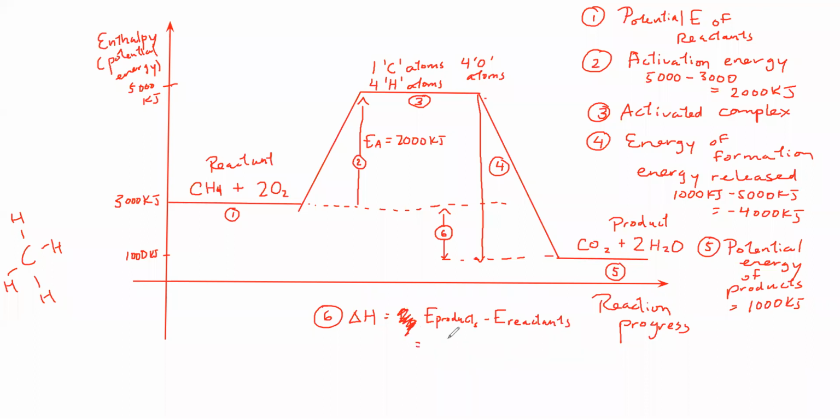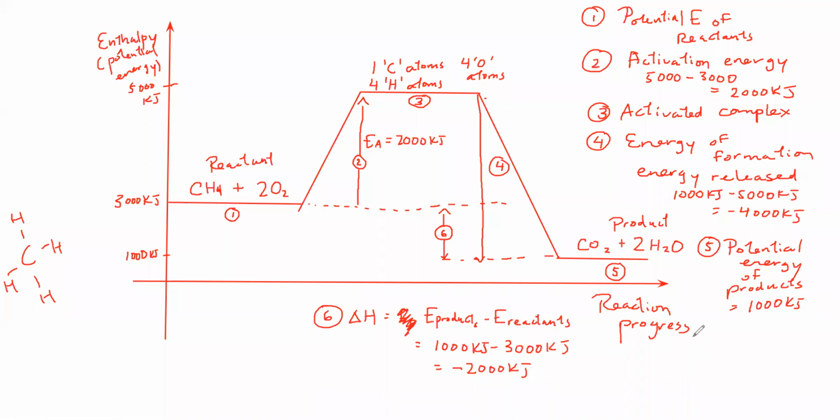So in this particular scenario, you have 1,000 kilojoules, and you're going to take away the 3,000 kilojoules that it started at, and you'll notice that it's a net difference of negative 2,000 kilojoules.